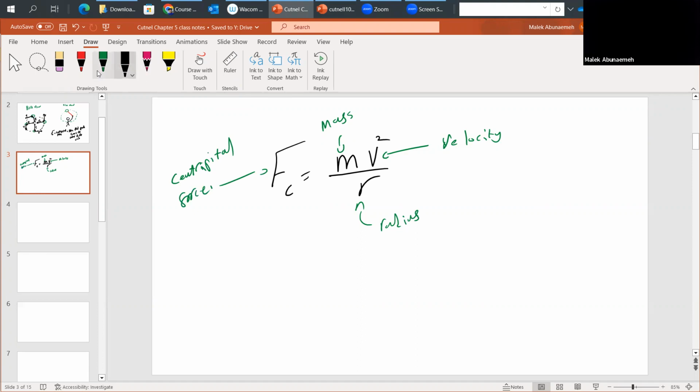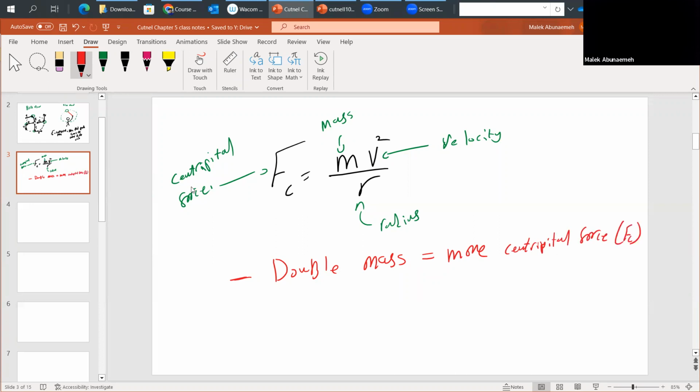So out of this, double the mass. What's going to happen with the force? That means you need more centripetal force. If you double the speed, your speed is squared.